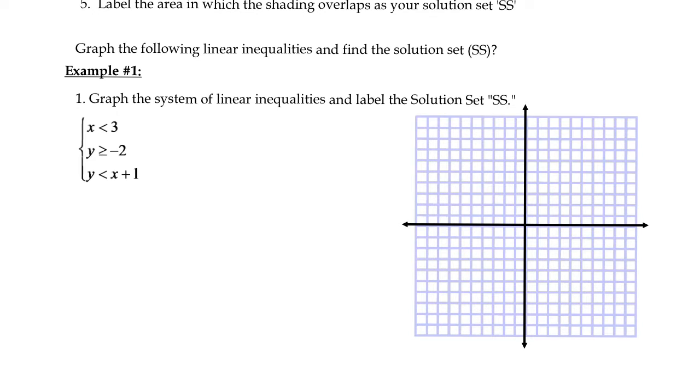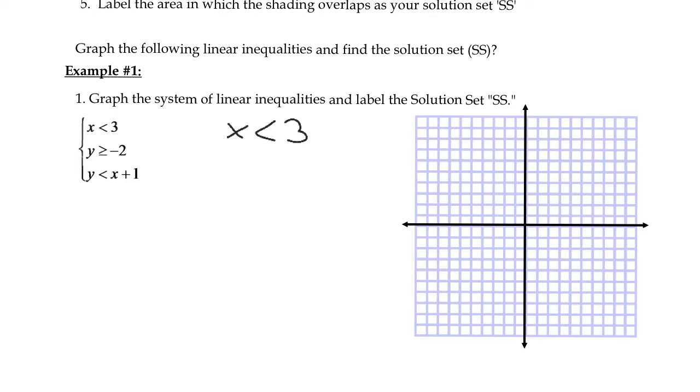The first one is x is less than 3. If you recall from our previous lesson, x equals 3 would be a vertical line. x less than 3 would be a dotted line, and we're going to shade to the left, but let's do it step by step.